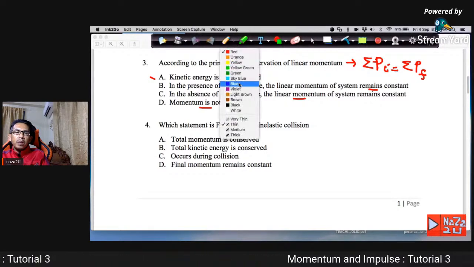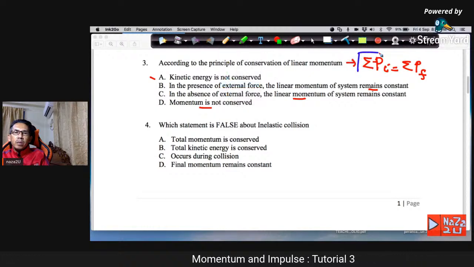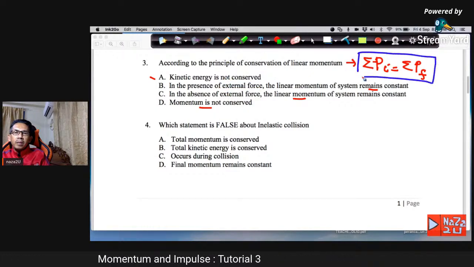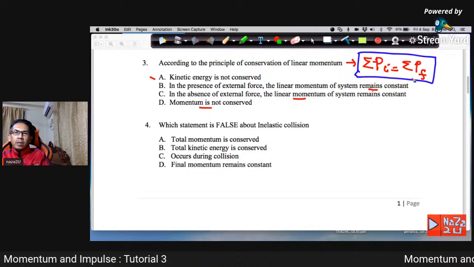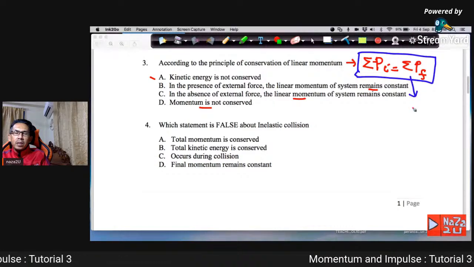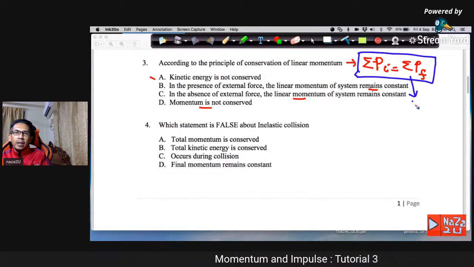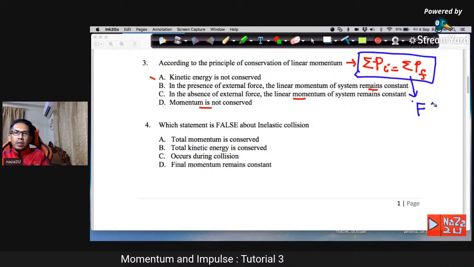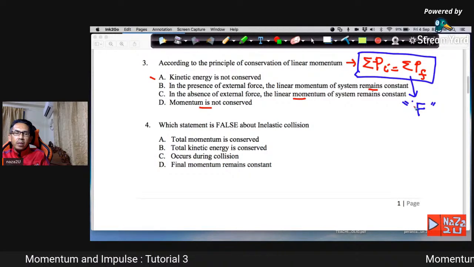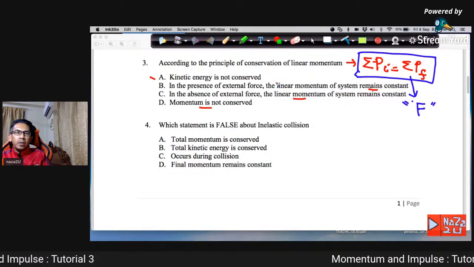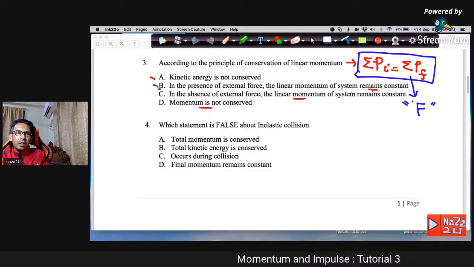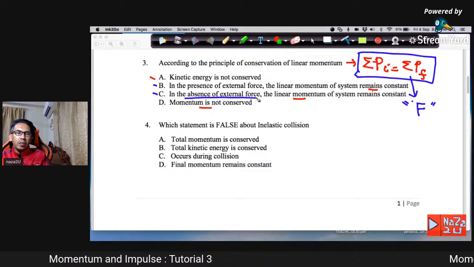Jumlah momentum sebelum sama dengan jumlah momentum selepas. Tetapi untuk kes ini boleh berlaku hanya tanpa kehadiran external force. Maksudnya sistem tu dia dalam isolated system. So if you look at the answer here, answer number C, in absence of external force.